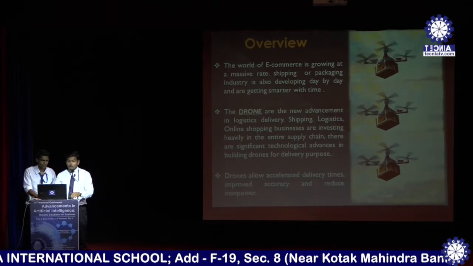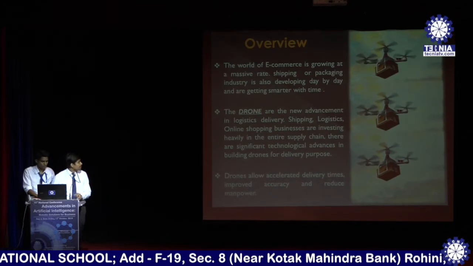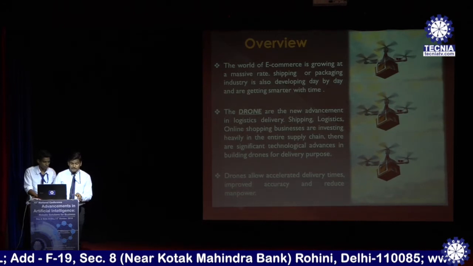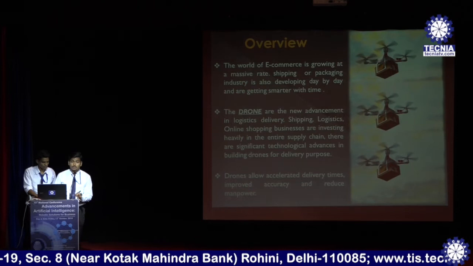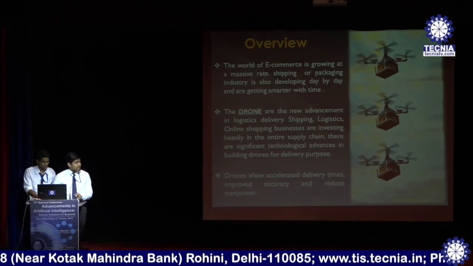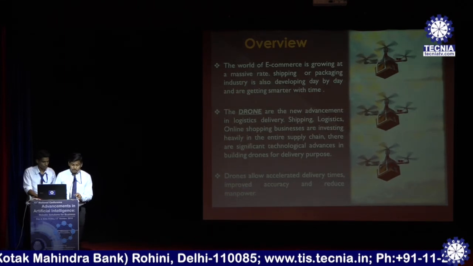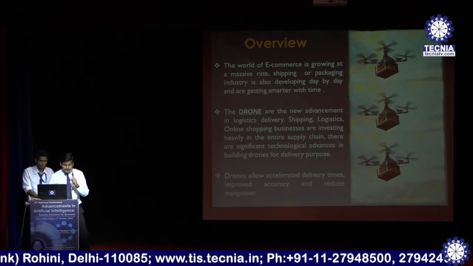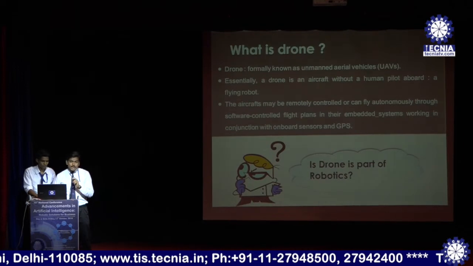So, moving on to a quick overview. We all know that fast growing e-commerce is creating a new competition for faster package delivery in this crowded world. It is a tough job to do, right? So the solution for the problem is package delivery by air using drones. Now the question arises, what is a drone?